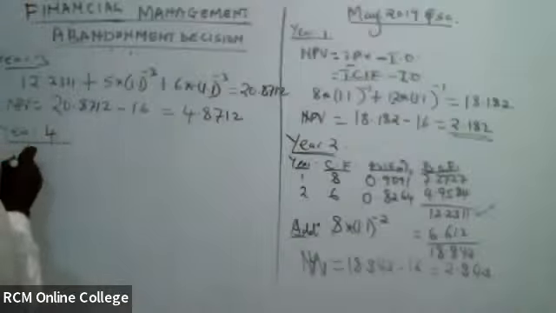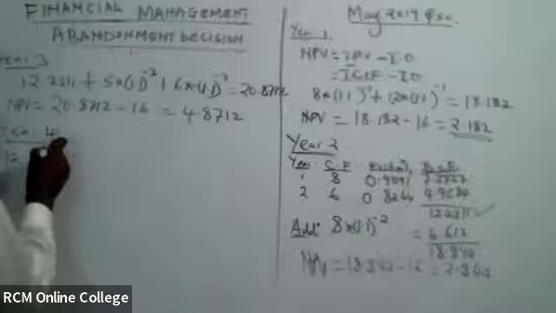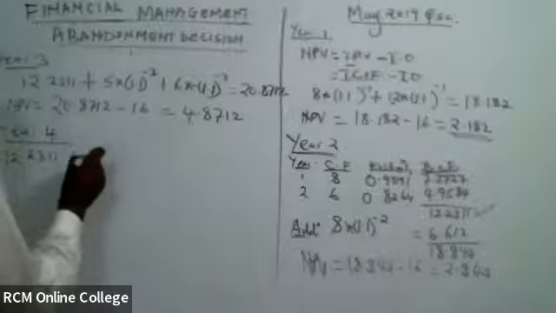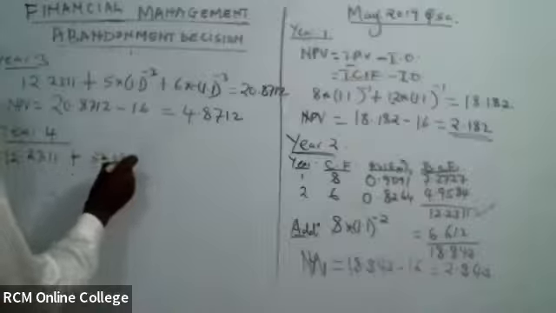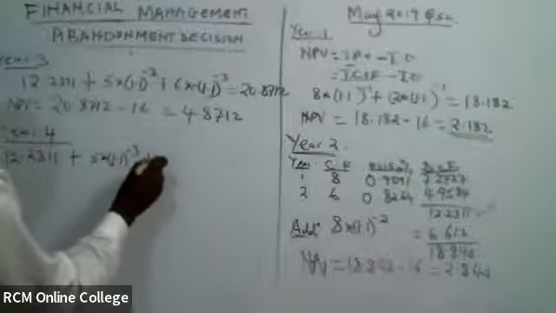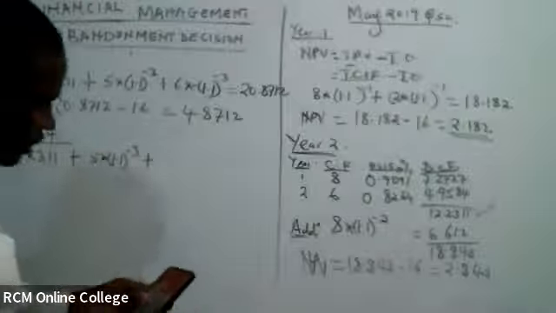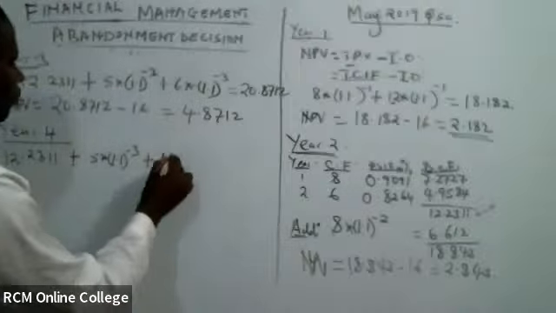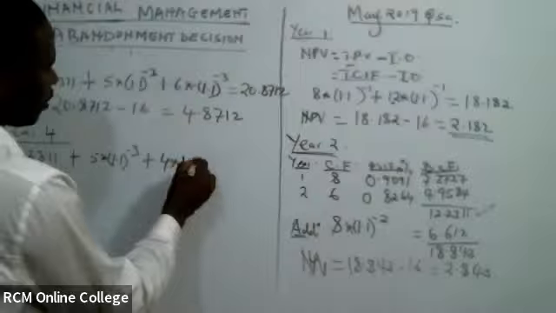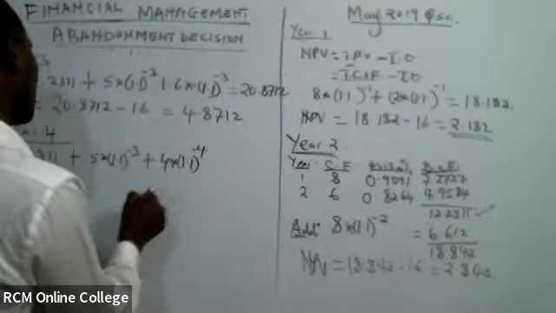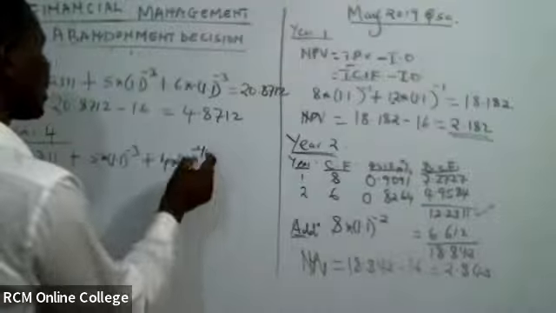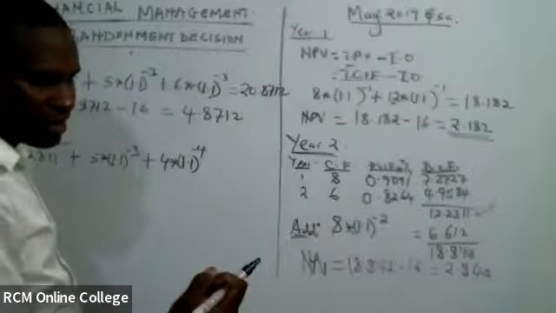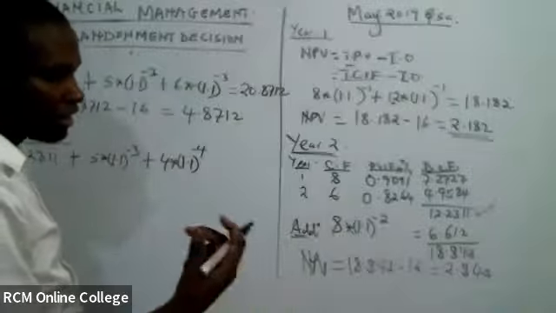So it is 12.2311 plus 5 times 1.1 raised to -3 plus what year 4 is giving. What is the cash flow? The cash flow for year 4 is 4. So 4 times 1.1 raised to -4. And then I don't have the abandonment value in year 4.